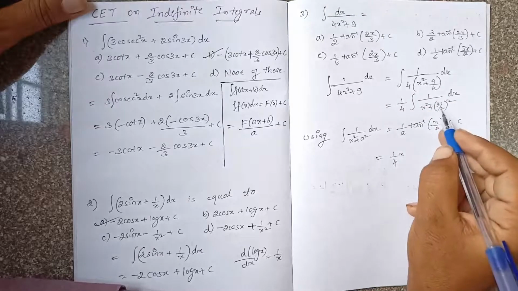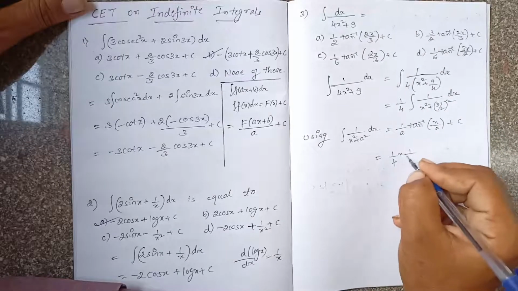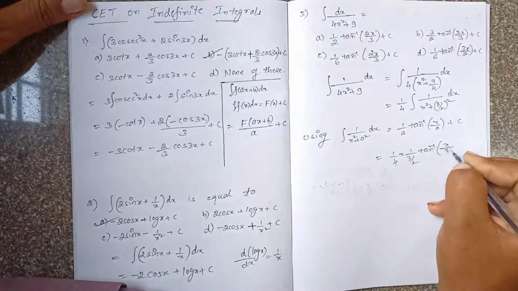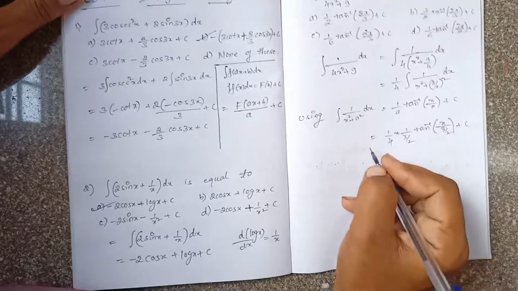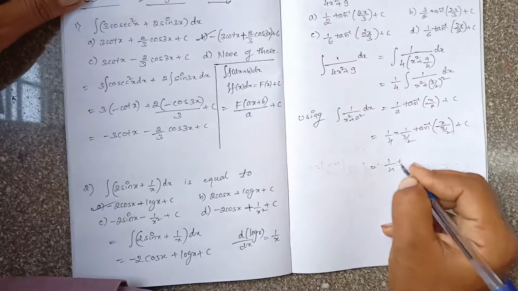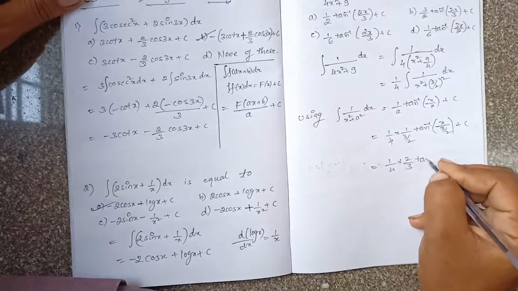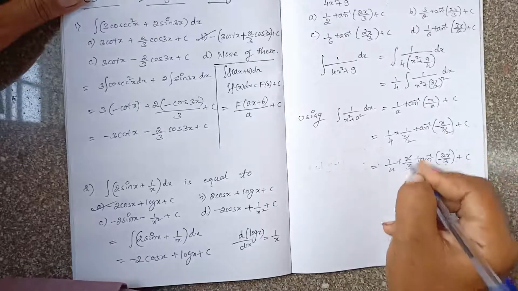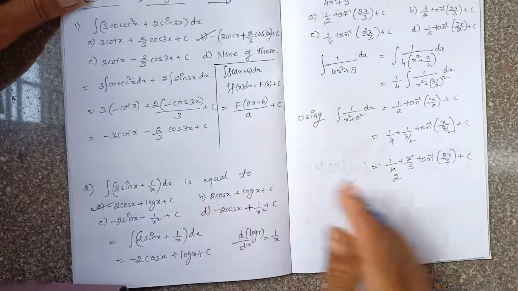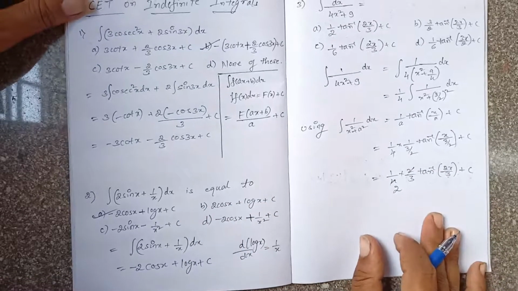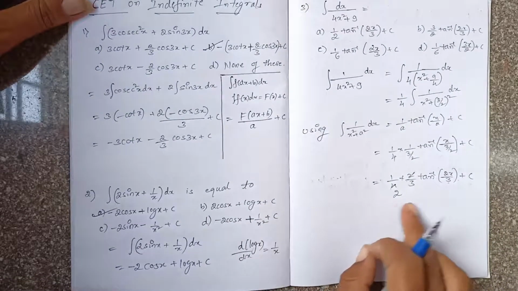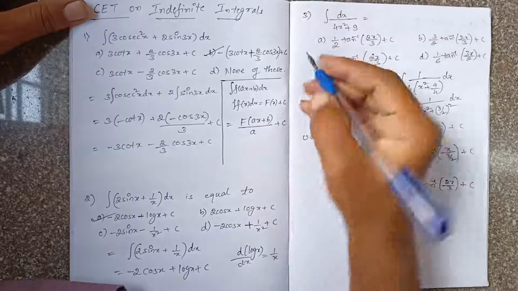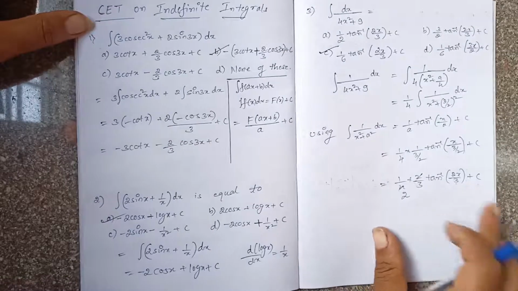In place of a, 3 by 2 is there. 1 by 3 by 2 into tan inverse of x by 3 by 2 plus c. 1 by 4 into 2 by 3 into tan inverse of 2x by 3 plus c. Here it is 2 into 3, 6 in the denominator. 1 by 6 into tan inverse of 2x by 3. Which option? C.